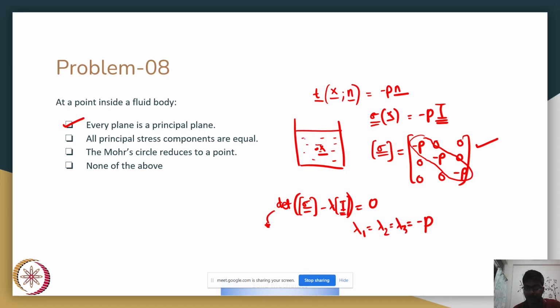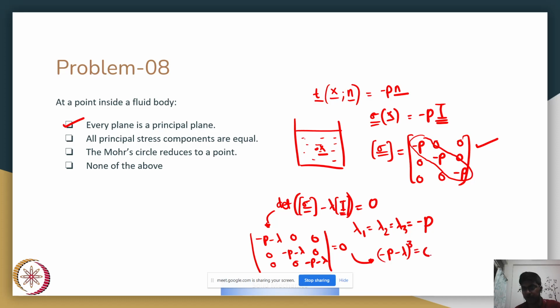So this equation is essentially written as 0, minus p minus lambda, 0, 0, minus p minus lambda. Determinant is 0, which gives us minus p minus lambda whole cube equal to 0, which gives us all three eigenvalues equal to minus p.